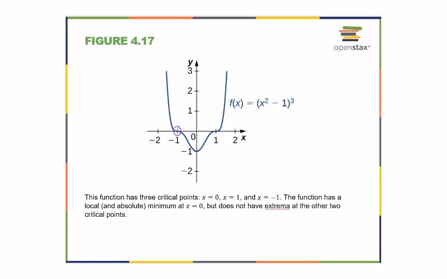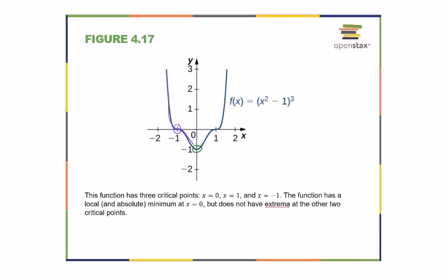It's kind of one of those fake outs where the graph comes down, it flattens out, maybe looks like it's going to turn the other direction, but then it keeps going down. Okay, at 0, we have a local minimum, right? Where x equals 0, we have a local minimum, and then at positive 1, we have another one of those fake out points, right? Those are called points of inflection, but it's not an extreme.